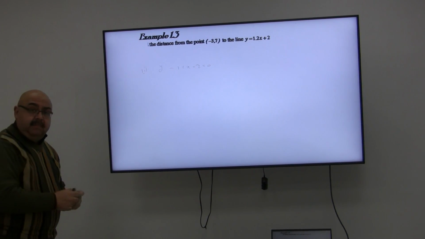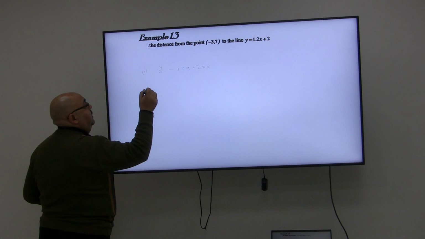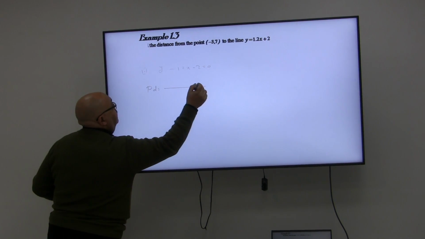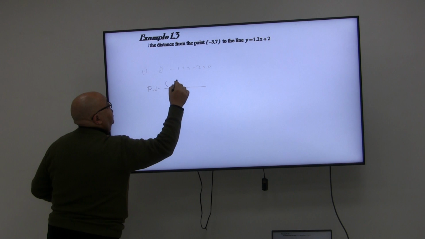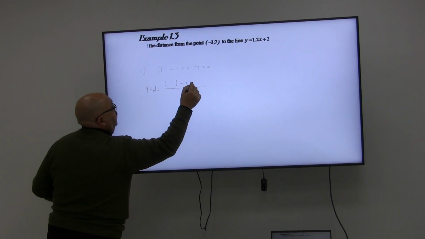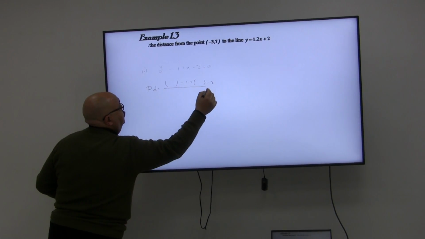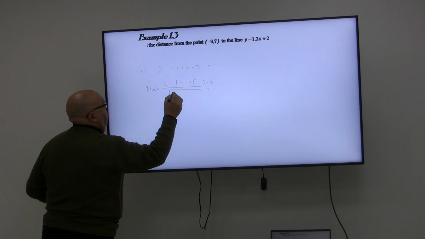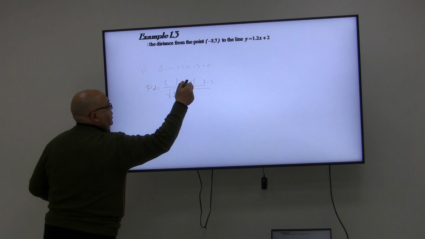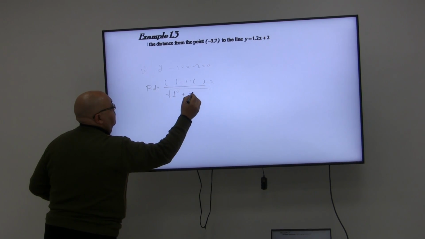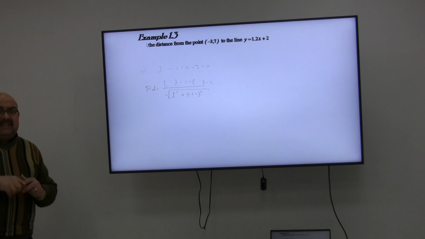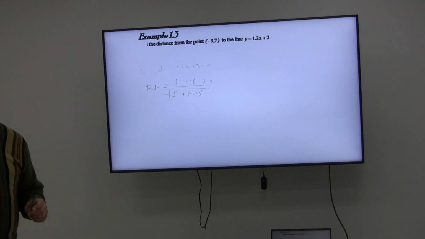The second step, I will get the perpendicular distance, which is going to be in this form. Write the equation on the numerator, minus 1.2 minus 2, divided by the square root of the number in front of y to the power of 2 plus the number in front of x, minus 1.2, to the power of 2. So that's a preparation for the equation of a straight line.